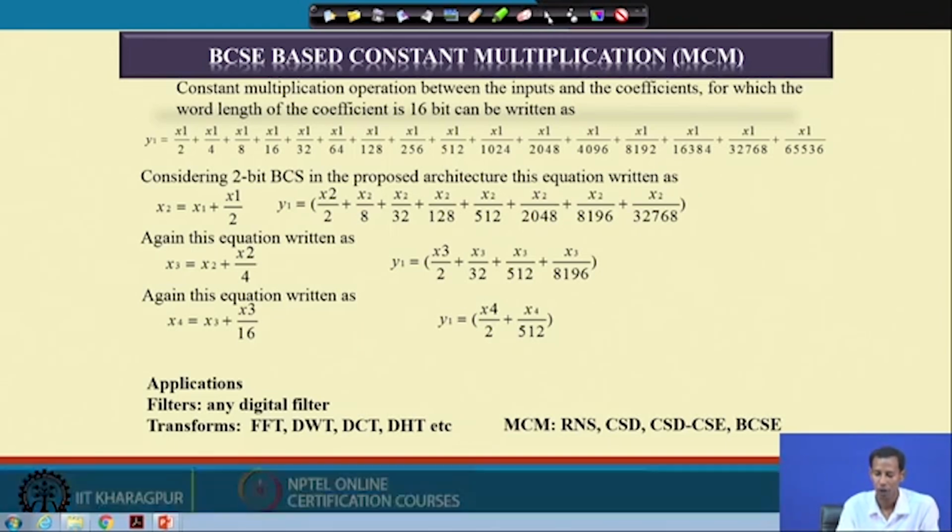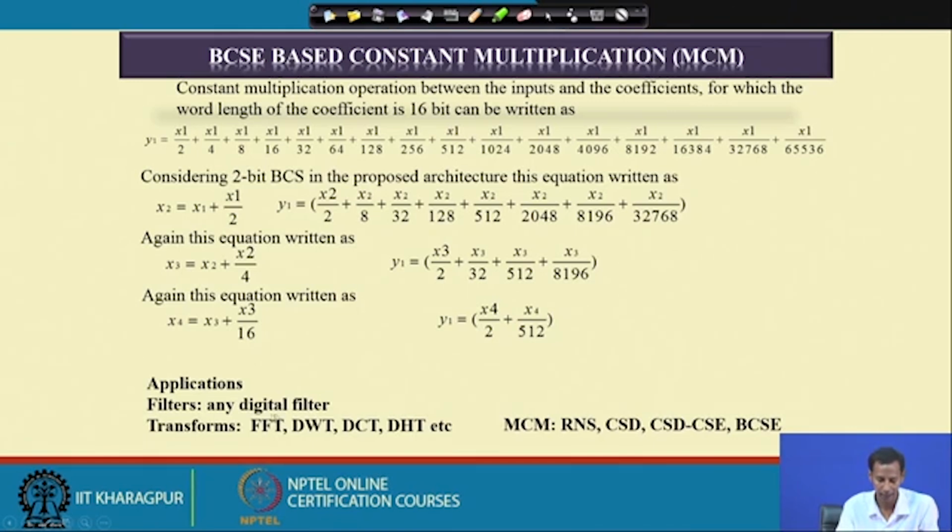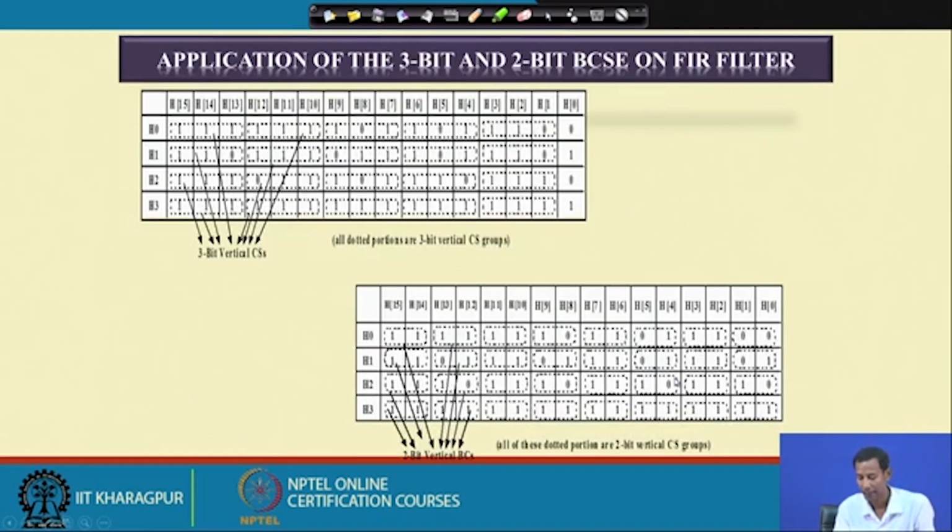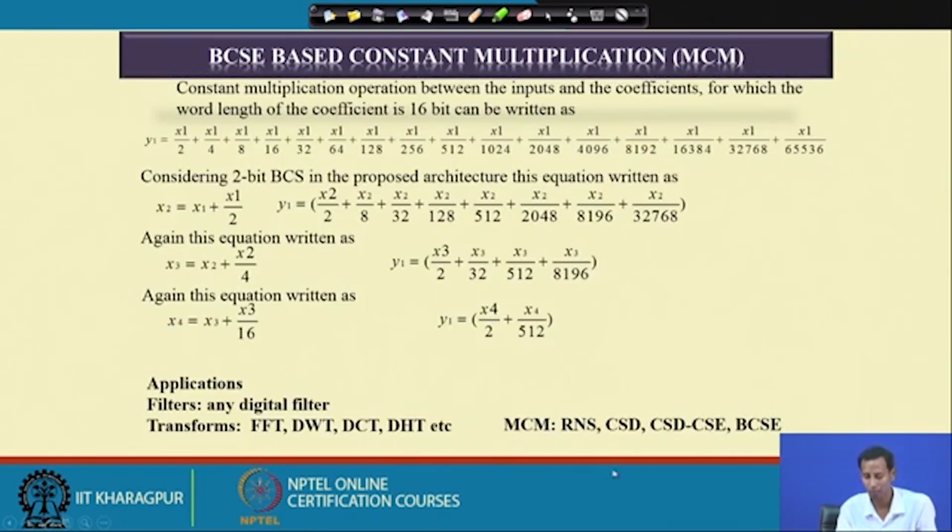Okay. So, in application, it can be used in any digital filter, then any transform, which is basically FFT, DWT, DCT, DHT, and as you see this constant multiplication can be done in terms of binary common sub expression, then canonical sign digit based common sub expression, then residual number system based common sub expression, all the things you can do.